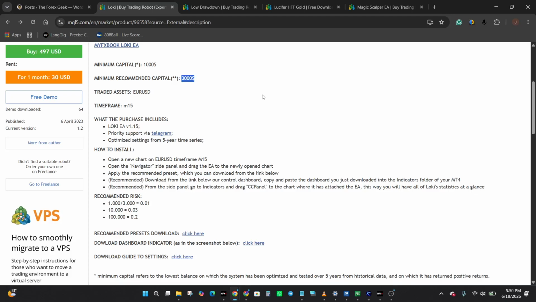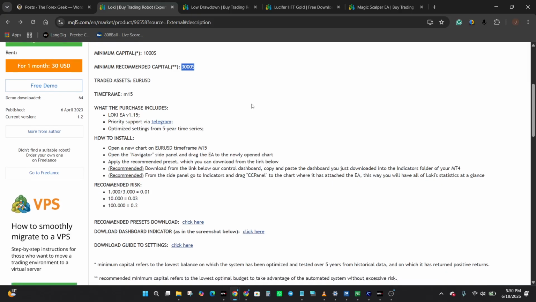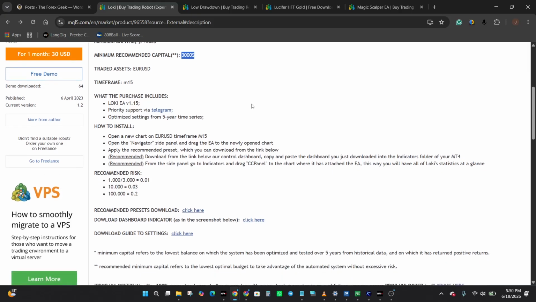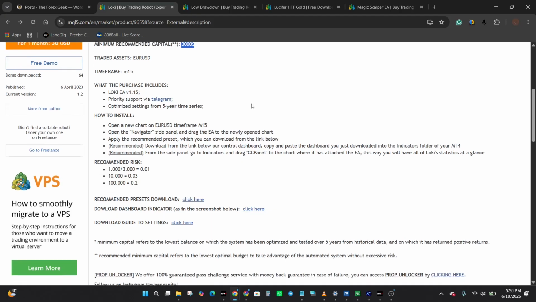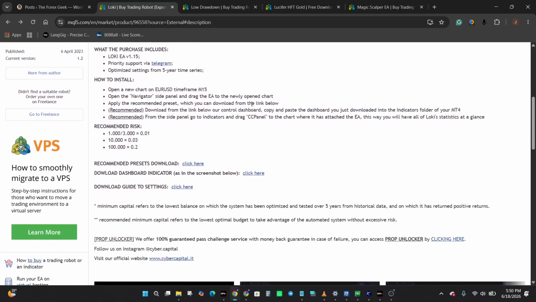There are also links provided for recommended presets, a settings guide, and an optional dashboard indicator that can display statistics directly on the chart. Looking at the installation instructions, the setup process is fairly straightforward.